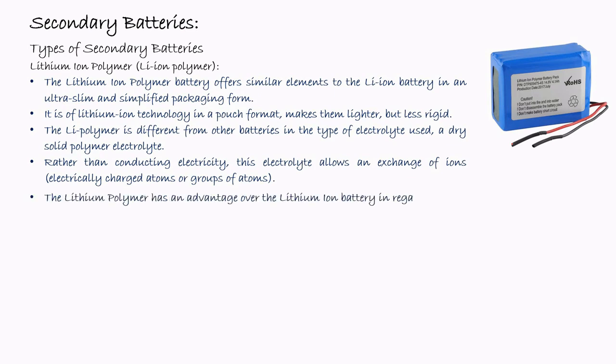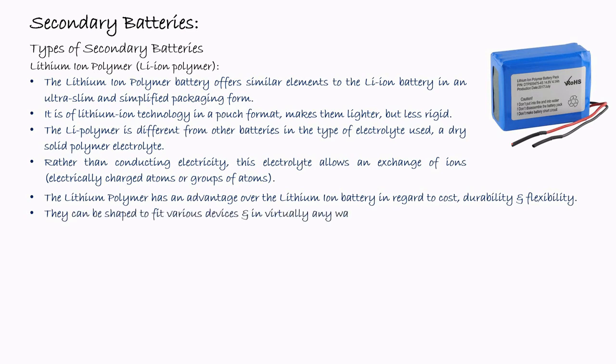It has an advantage over the lithium ion battery in regard to cost, durability and also flexibility. They can be shaped to fit various devices and in virtually any way manufacturers please. So the shape of the lithium ion polymer battery can be changed according to the requirement easily.